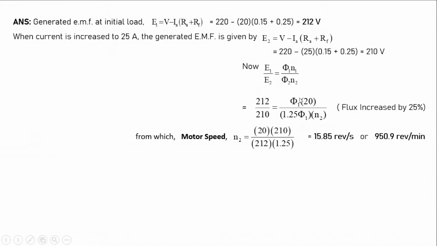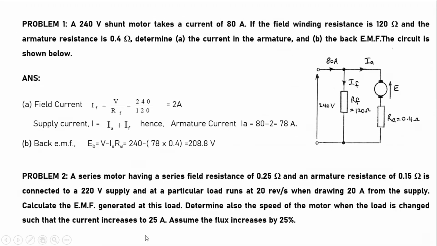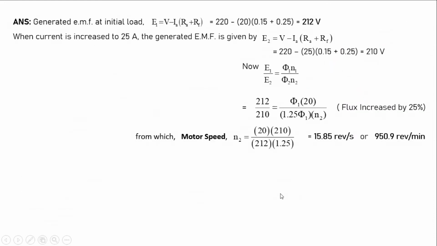So I can substitute phi1 as 20 here. And what is phi2? 1.25 times phi1, since it has increased by 25%. And N2, what is the speed?